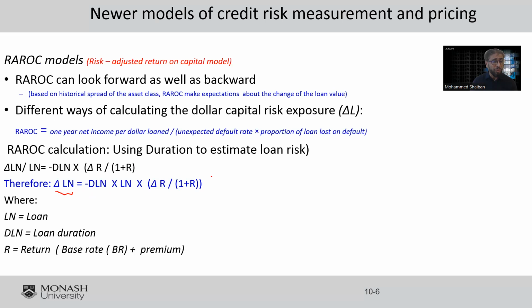So we can take the loan and the increase of the interest rate and see the new value of the loan. But because the loan has cash flows over the life of the loan, we have to take duration. So the change of the loan will be the duration times the loan times the change in the interest rate. This is the whole issue behind it.